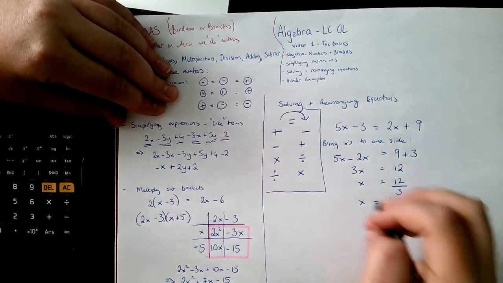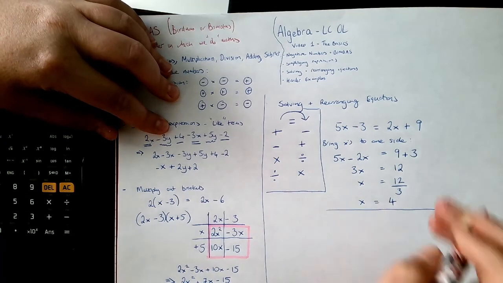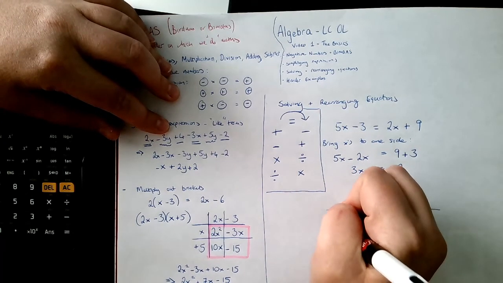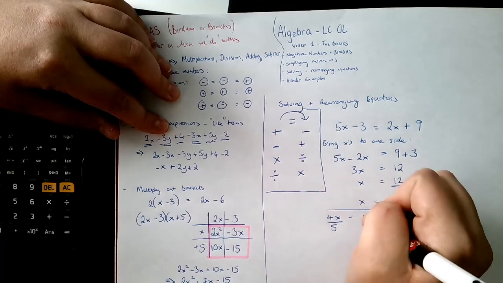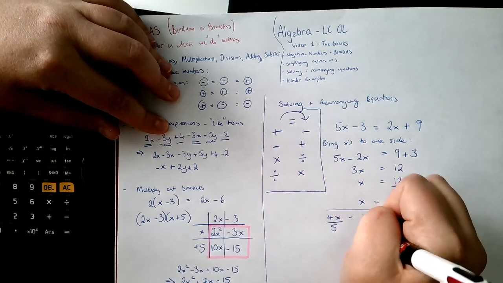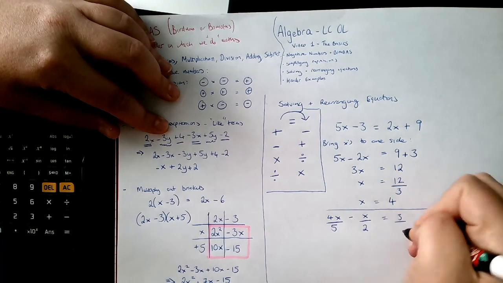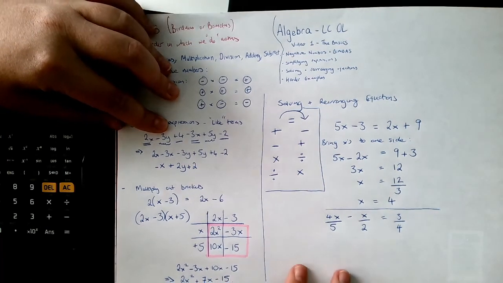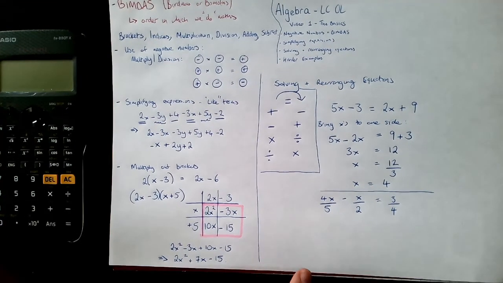But what happens then if we're given a fraction? So if we say 4x over 5 minus x over 2 is equal to 3 over 4. Initially that looks a little bit difficult.